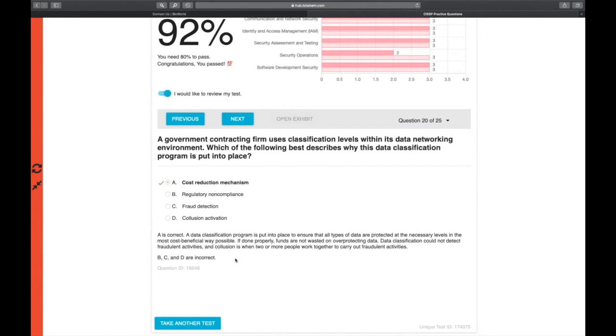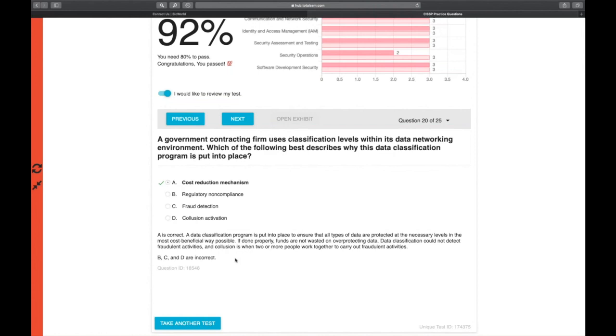Not sure how cost benefit comes into play with data classification. I guess the more sensitive data you'd put more resources behind protecting, and you wouldn't spend money protecting less sensitive data. If done properly, funds are not wasted on over protecting data. Okay, yeah, that makes sense.